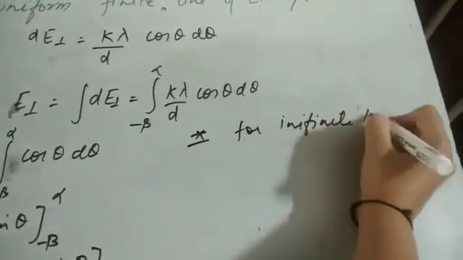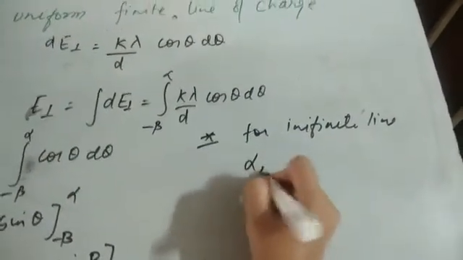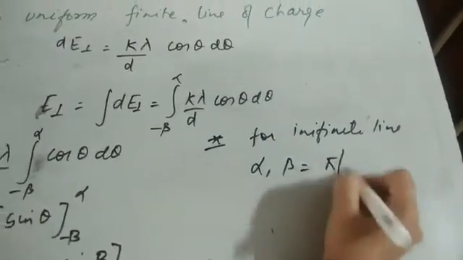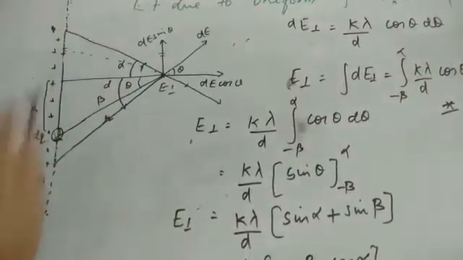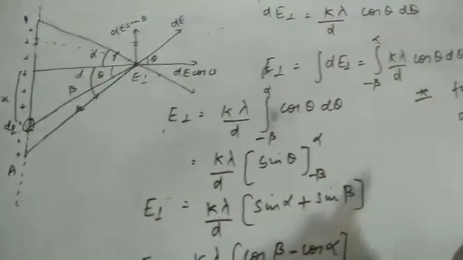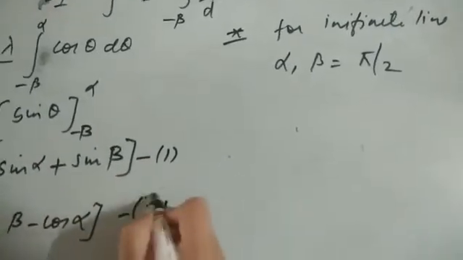For an infinite line, this was a finite line. If it is an infinite line, in that case alpha and beta we will take as pi by 2. What do you mean by infinite line here? This line is extending up to infinity. So in that case, alpha and beta would be pi by 2. If I substitute it here, let's say this is the first equation, this is the second equation.